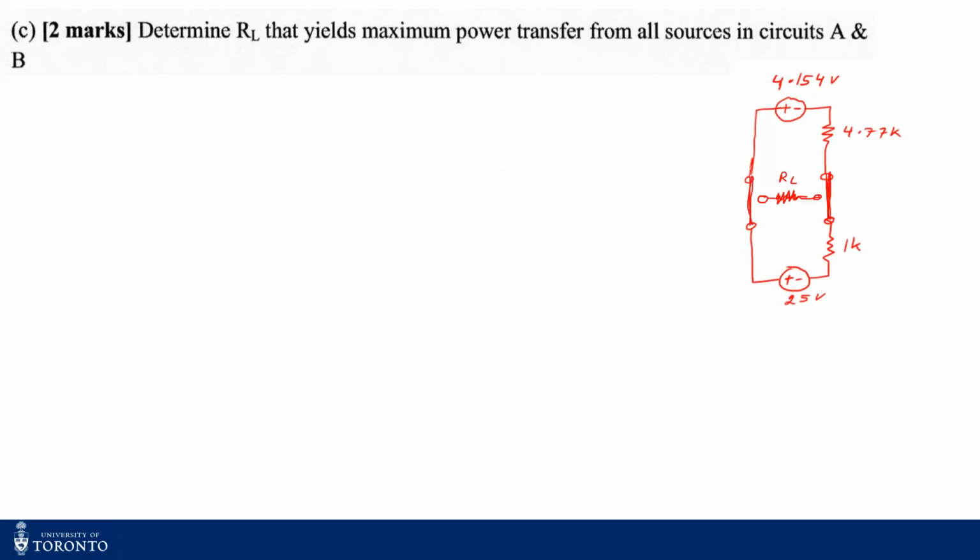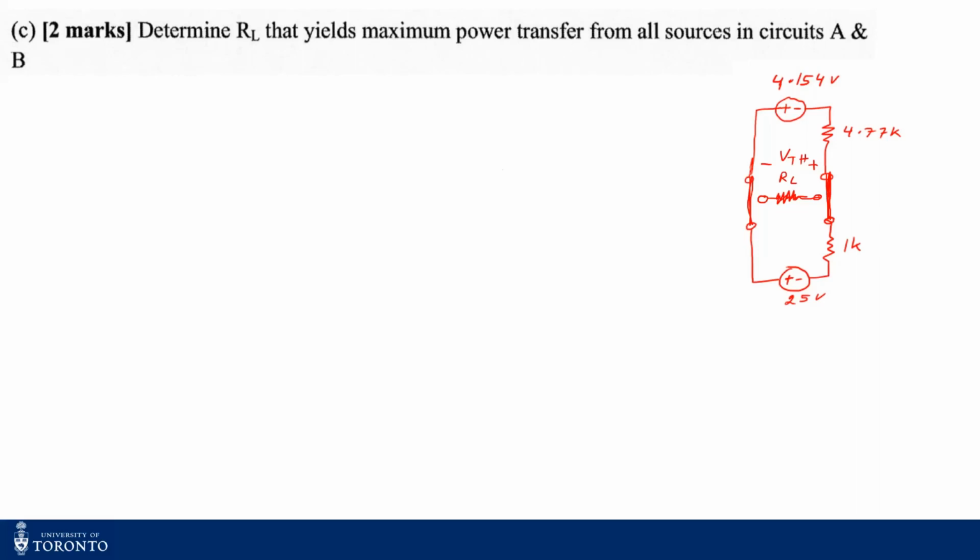Here also you have to find another Thevenin circuit. I have to open the RL and find the Thevenin voltage, the voltage across the RL, and its corresponding resistance, RThevenin.